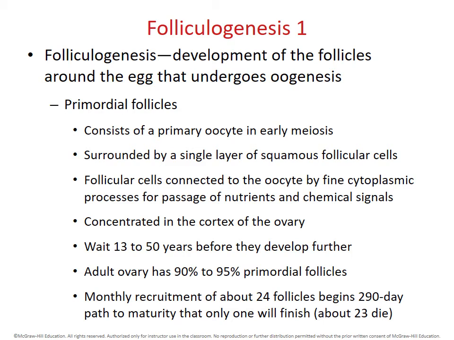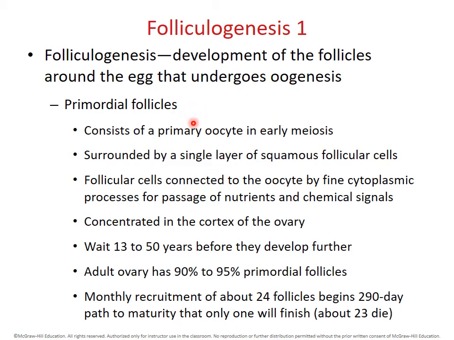All right, so I've just described the correlation of oogenesis to the condition of the follicles. In these next few slides, we're going to talk about these follicles as they develop from primordial follicles to Graafian or vesicular follicles. There's a little bit of a twist here that's a little bit surprising.